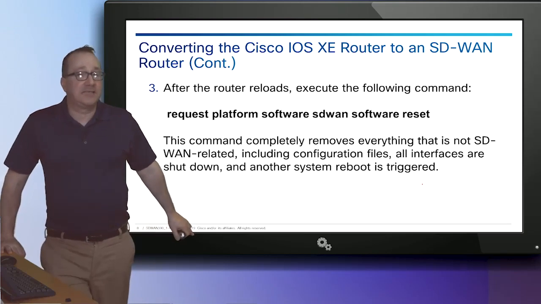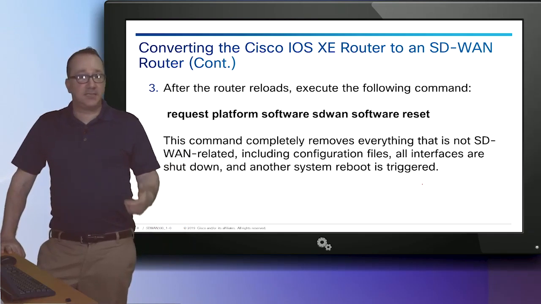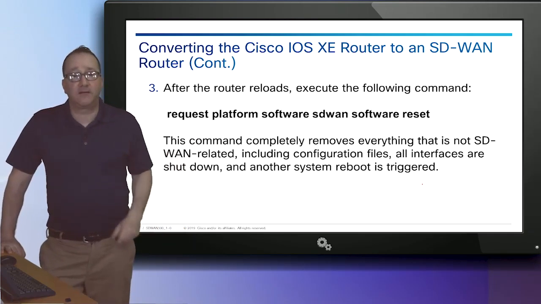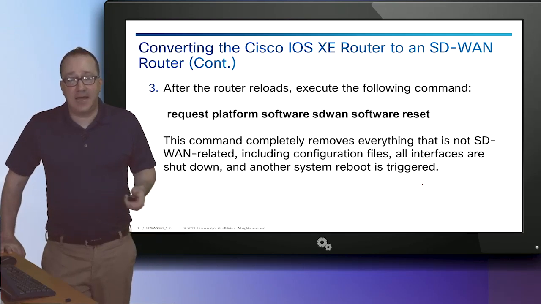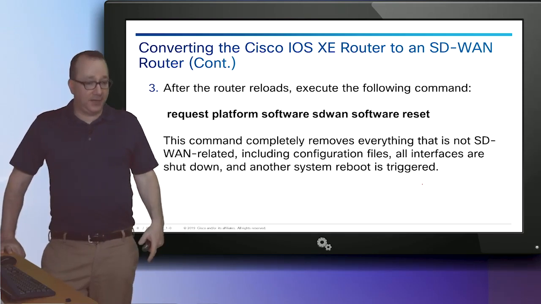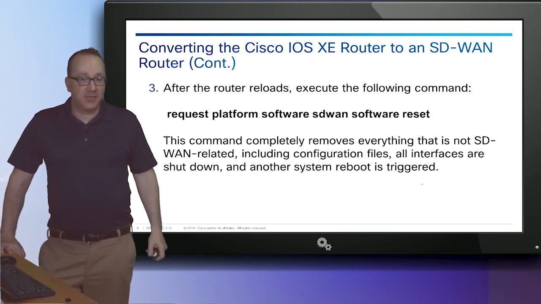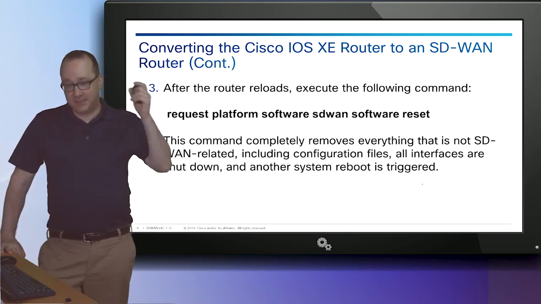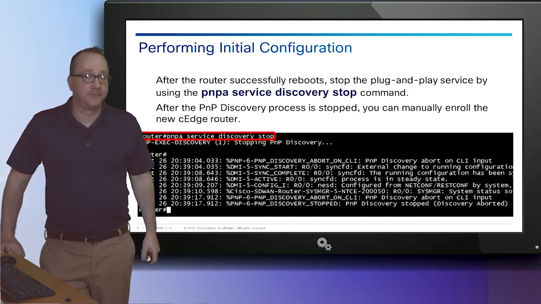The command completely removes everything that's not SD-WAN related. So if you have DSPs or a UCS-E module in there, all that configuration is going to be removed, and all interfaces are going to be shut down. If this is a live environment and you copy this software and reboot to it, you're going to lose all the configuration you had before. So be advised, this is a change in operation of that piece of hardware.